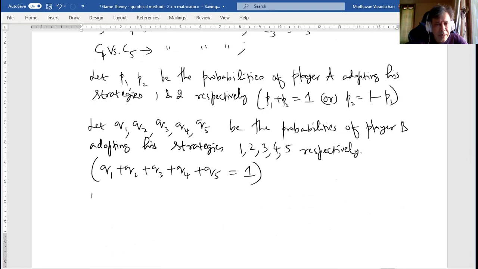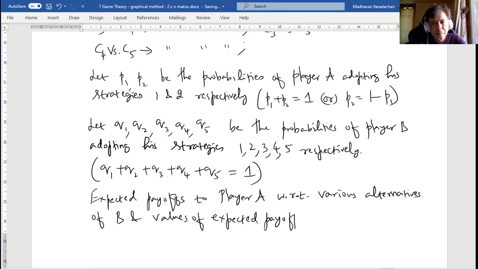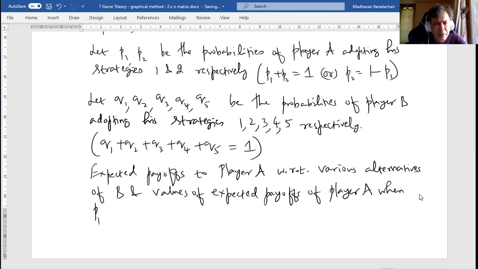So we will write the expected payoffs to player A with respect to various alternatives of B, and the values of expected payoffs of player A when A's probability P1 is 0 and P1 is 1.